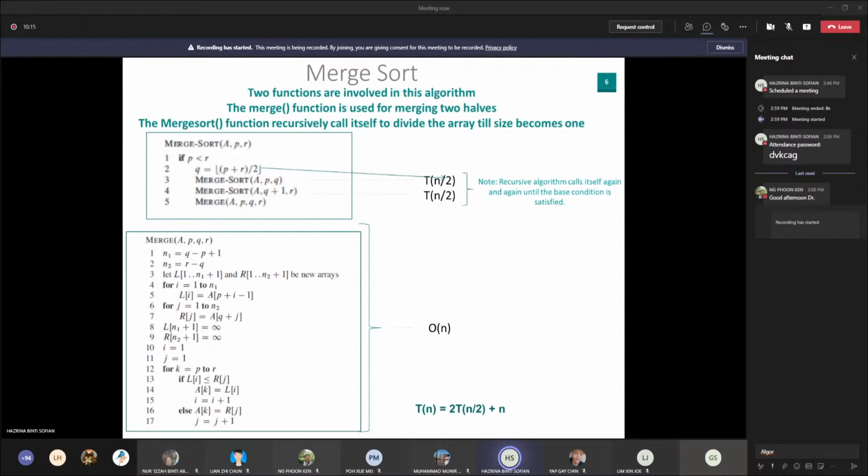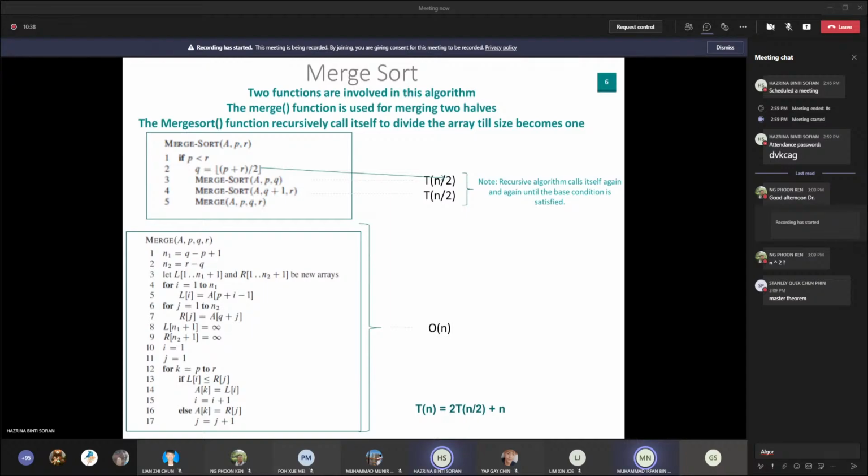What are they? Do you still remember the 3 methods to calculate time complexity for recursion? Master theorem. Master theorem. Alright, what's another one?